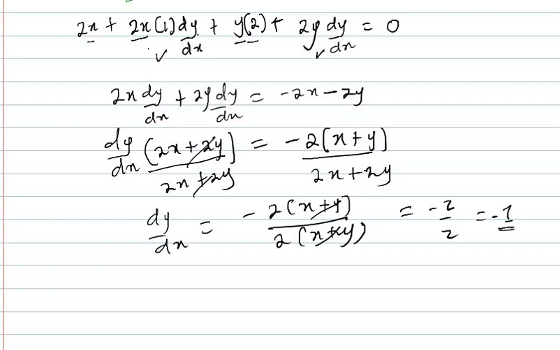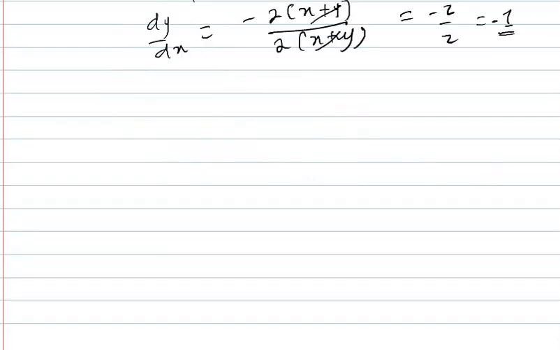So let's take another question. Example 3: 5xy plus y³ is equal to 20. For this question, this is another differentiation using the product rule, since it's a multiplication between x and y.